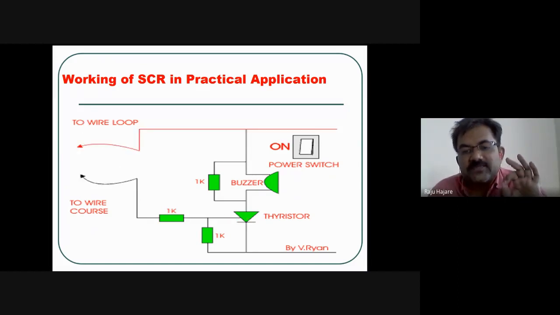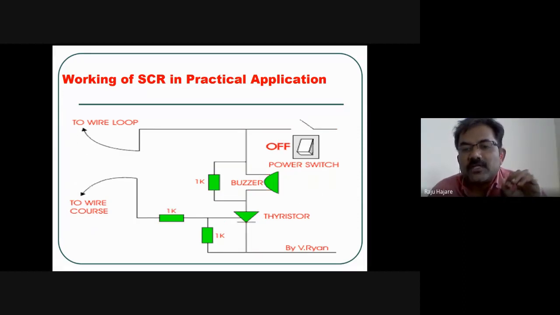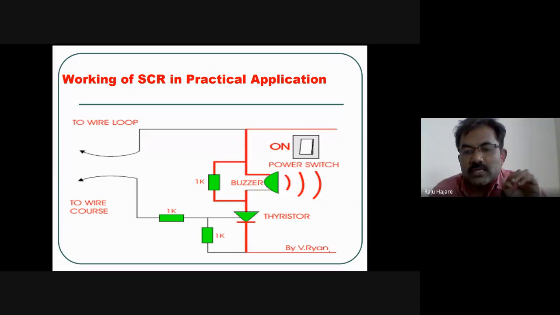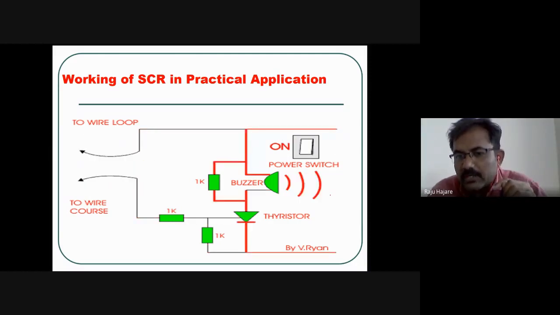So the SCR is forward biased, and with the application of the gate pulse, your SCR turns on, and there is a path for the current flow from the switch to the buzzer to the SCR, which completes the loop. On the right-hand side it is shown open, but that is a battery, a supply you are feeding.